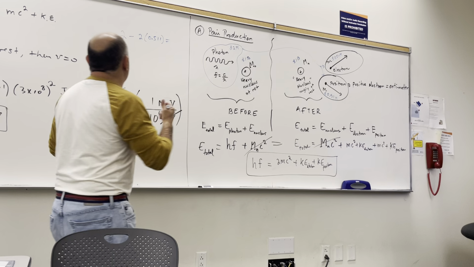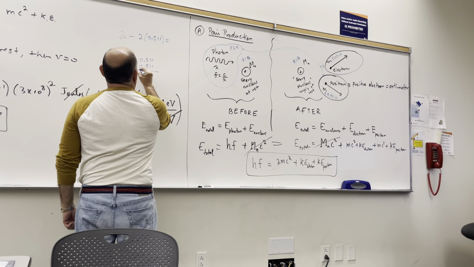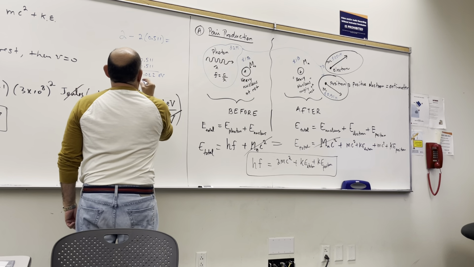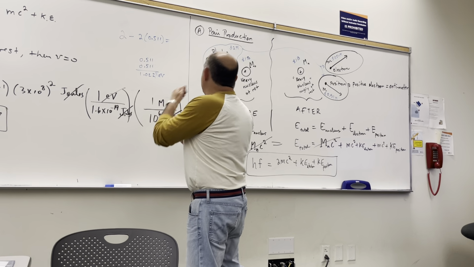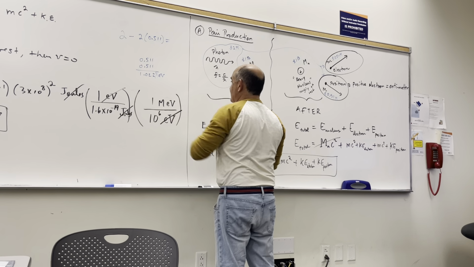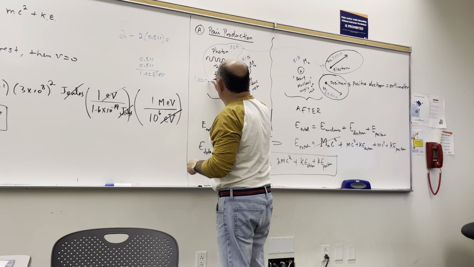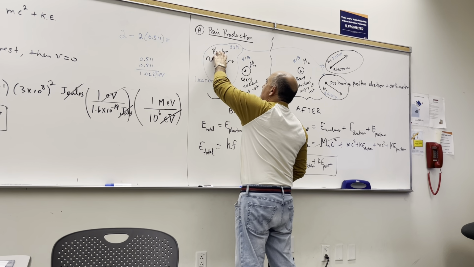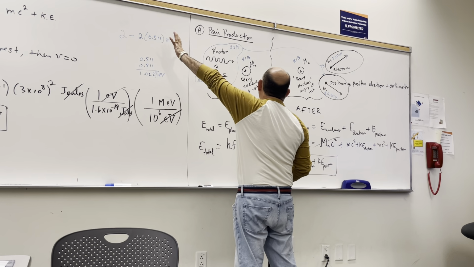So how much is 0.511, 0.511? So this is 1.022 MeV. So if this photon has an energy of 1.022 million electron volts, then when this photon is gone, it's out of existence, right?